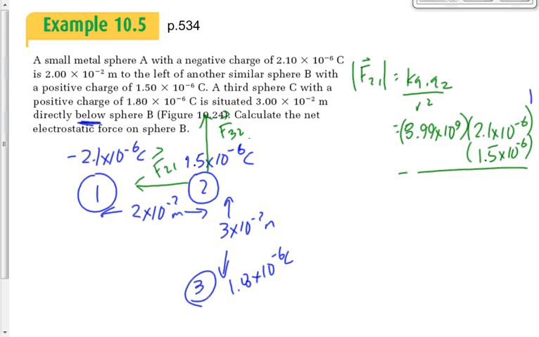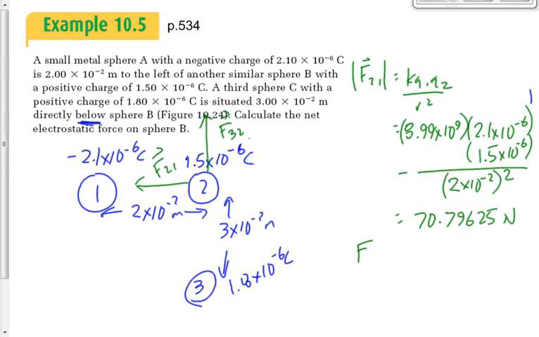R is 2 times 10 to the negative 2. We do that, we get 70.8. Let's go a few decimal places there, Zach. Yeah, 70.79625 newtons. Everybody else get that too? Yeah, good. All right, let's find F31.